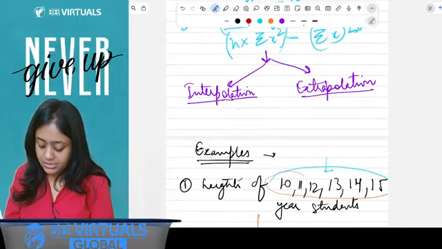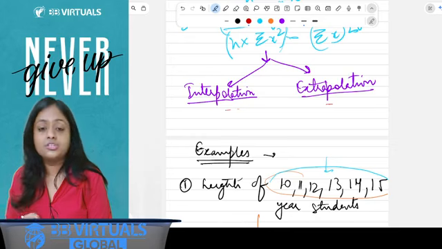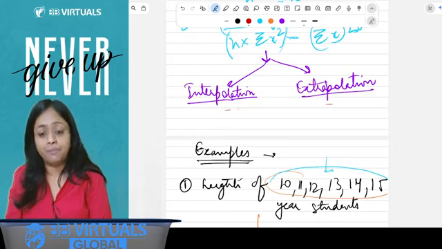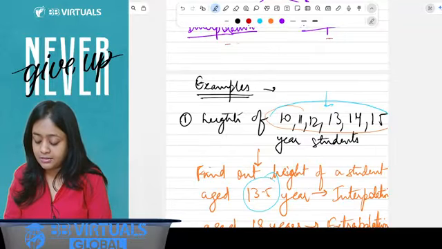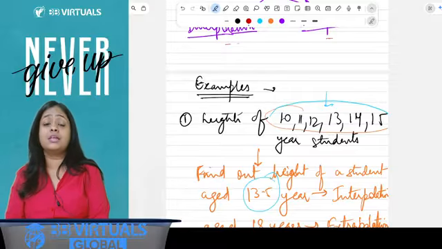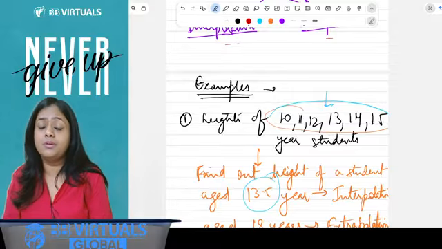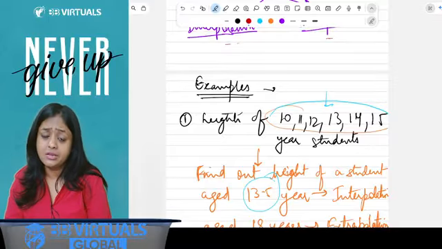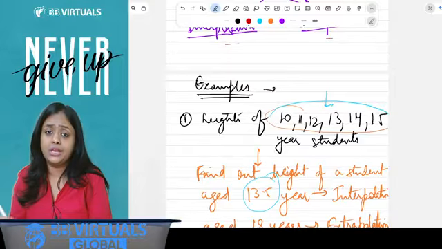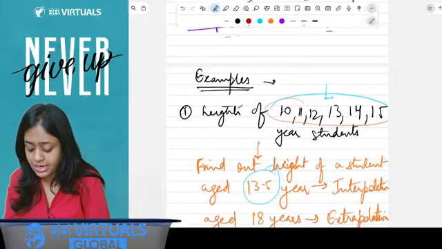Now here we have the concept of interpolation and extrapolation. I will explain this with an example quickly. Let's say we have the heights of 6 students for the ages 10, 11, 12, 13, 14, 15 years. Now the question says what will be the average height for a 13.5 year old student. Easy to calculate because I already have data between 10 and 15, so I can get an accurate answer.